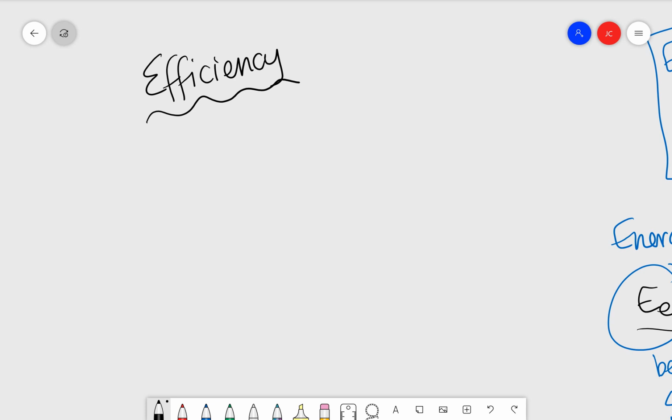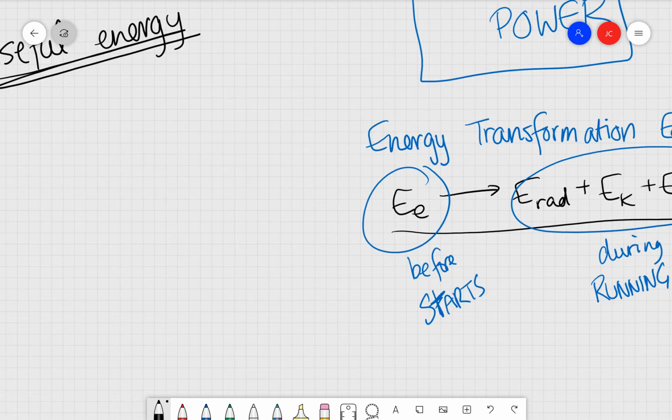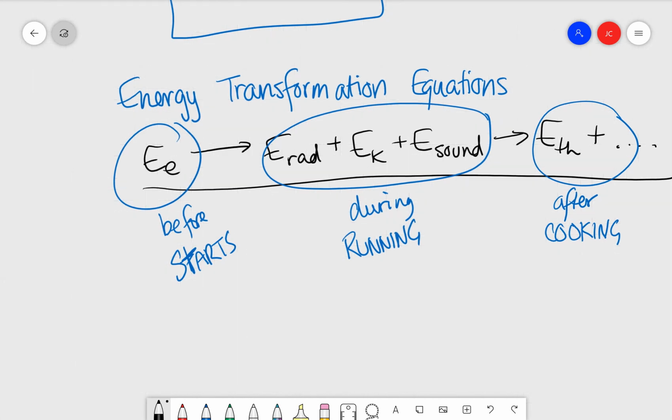I'll explain what I mean. First of all, useful energy. What do I mean by that? Well, when I say useful energy, I mean basically the energies that we care about in a specific system. Because usually there's byproducts, other types of energy that do not matter to us as much as some specific thing. For example, in our microwave example here, this kinetic energy, this sound energy especially, because it's annoying, we don't care about those.